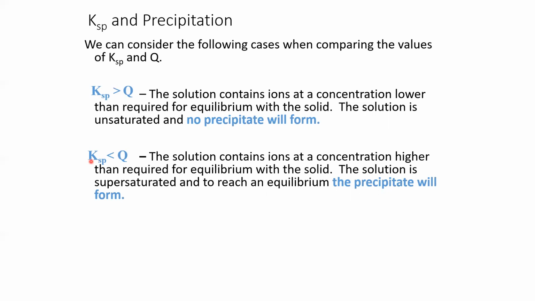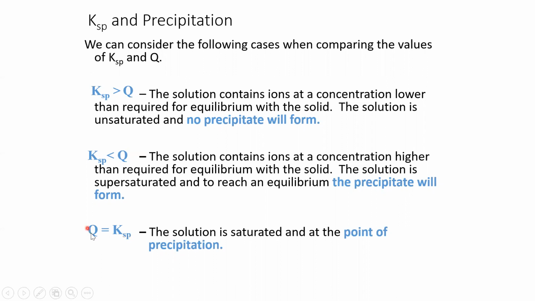So we'll have a precipitate forming if Q is greater than K. And then the last scenario is if Q is equal to K. If we calculate Q from a set of information we're given in a question and it equals the solubility product, then we have a saturated solution and we would have no precipitate, but any more that's added to that solution would precipitate.